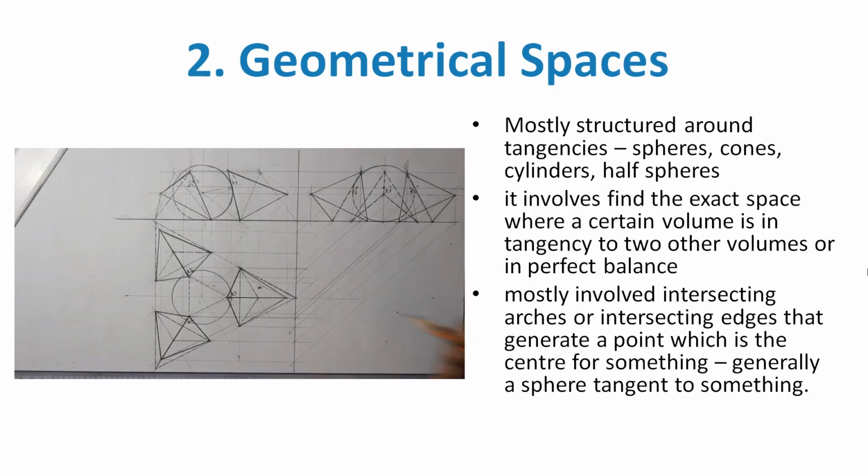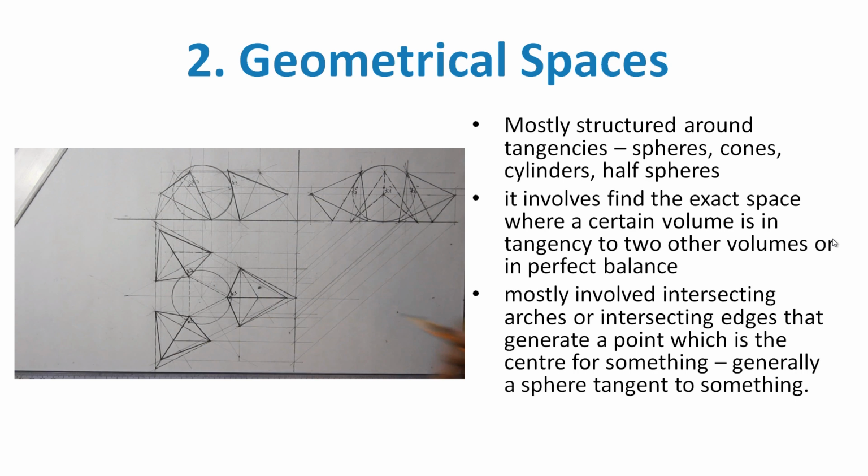Geometrical spaces. This is mostly structured around assignments that talk about spheres. Okay, how do you sort out tangencies? What is the exact position that you put an object in technical drawing where it 100% correctly matches a condition of tangency?